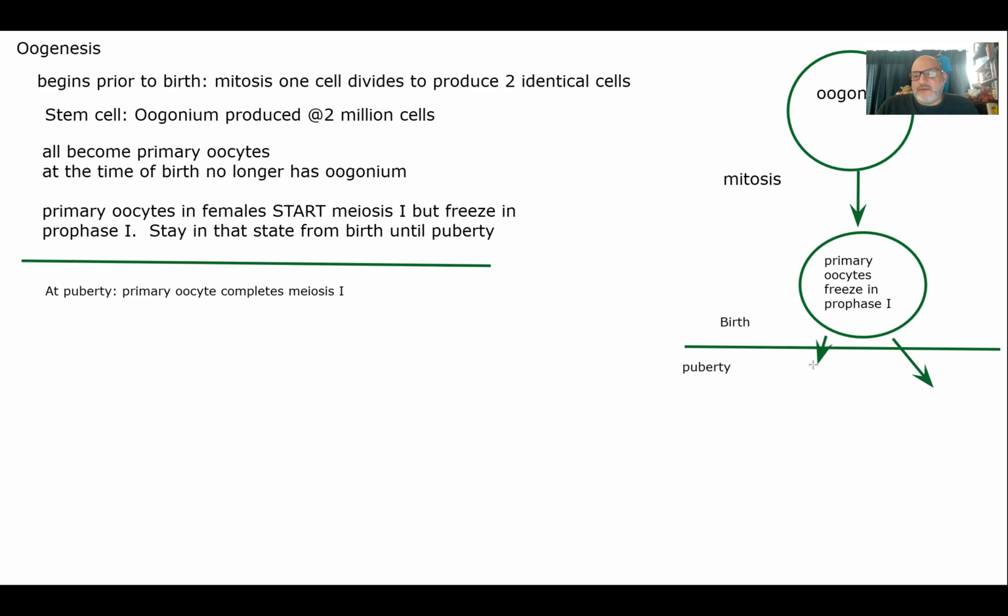What we get are 2 cells. We go from a cell that is diploid, 2N, to 2 cells that are haploid, NR. Our primary are 2NR. There we go.